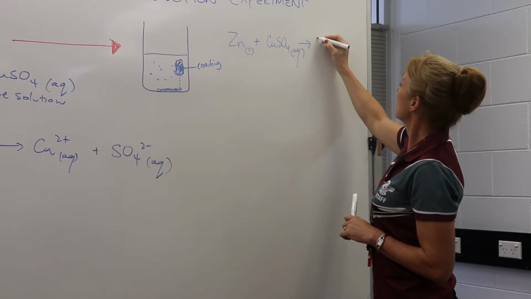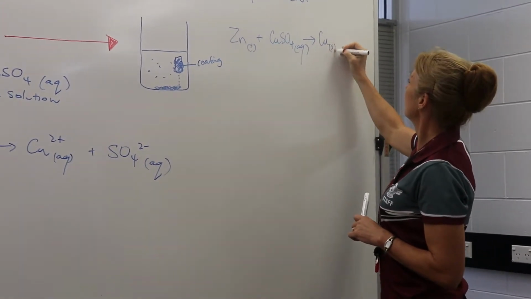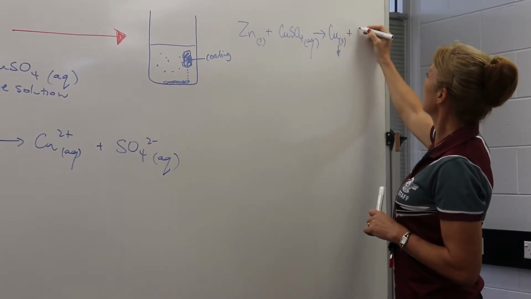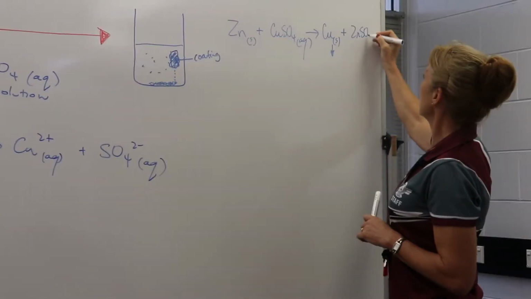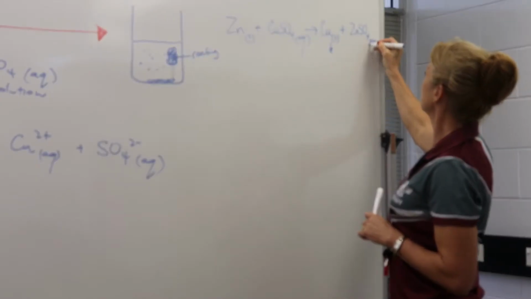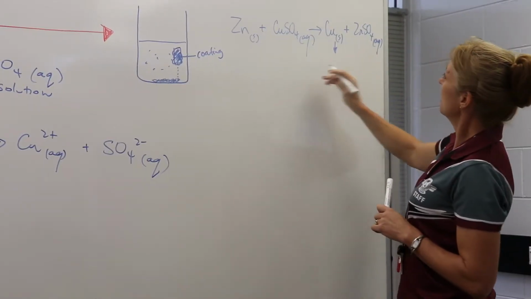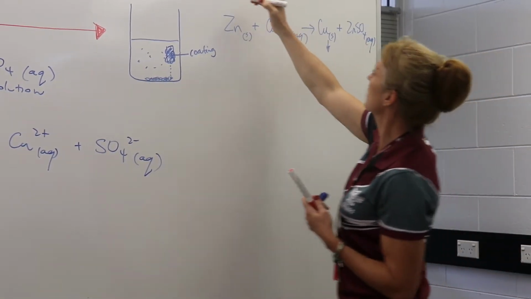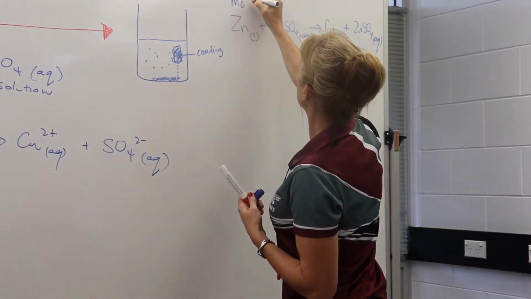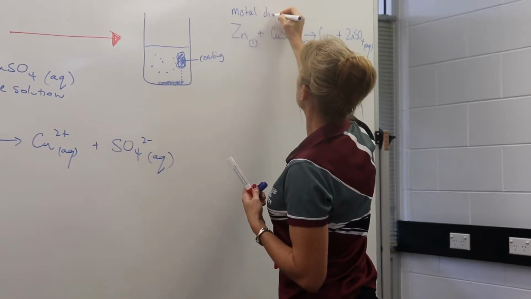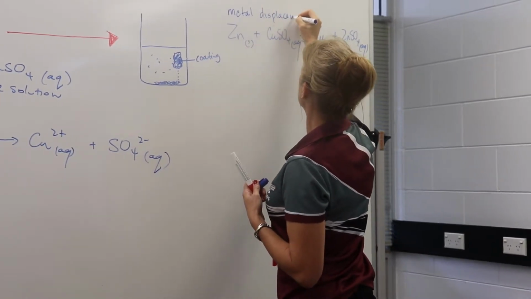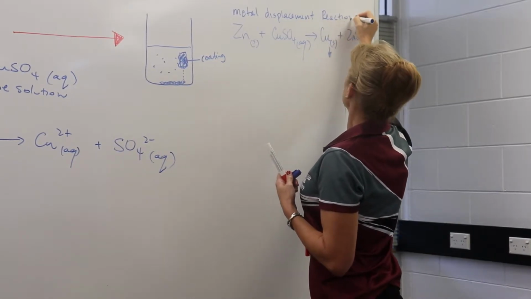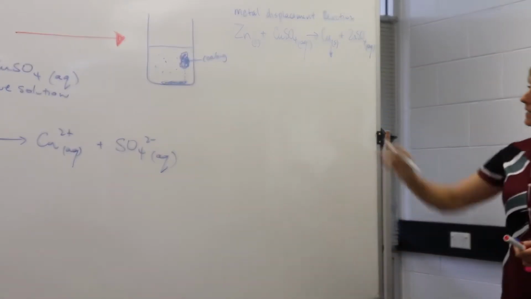You get solid copper falling out of solution plus zinc sulfate going in, aqueous. So you can see they've swapped places. This is called a metal displacement reaction, or a metal exchange.